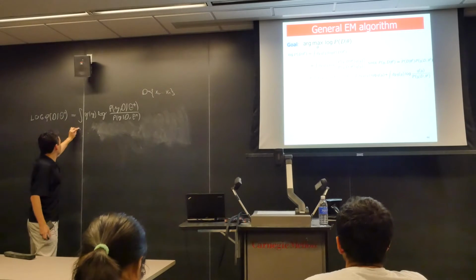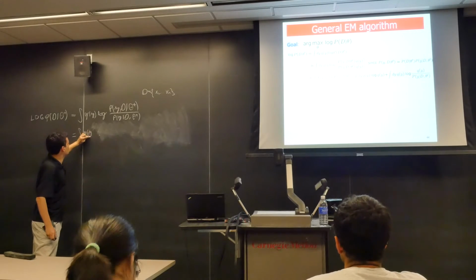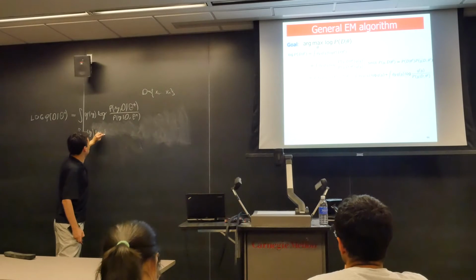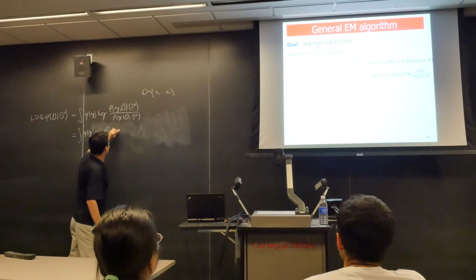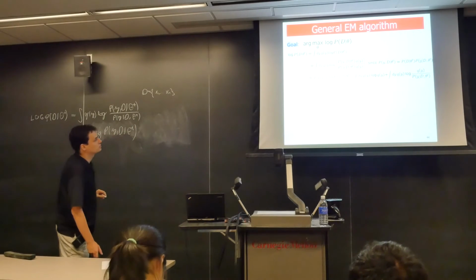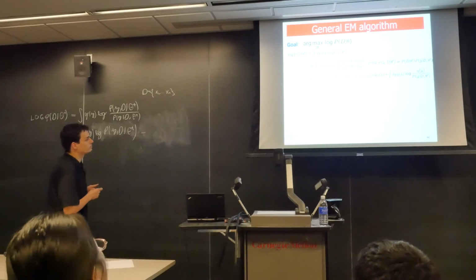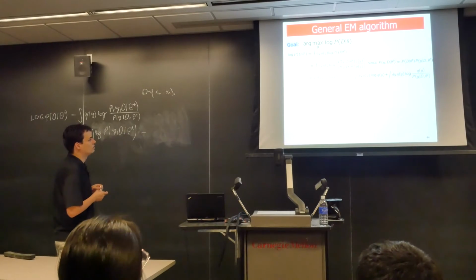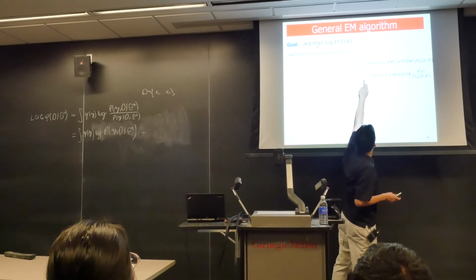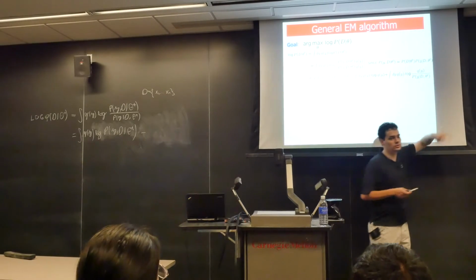And now let's see what this is. So this holds for any Q distribution. This is q of y times log of the joint given theta t, minus, okay, so here I have minus integral q log q, but then I also add here q log q, so they cancel each other out.